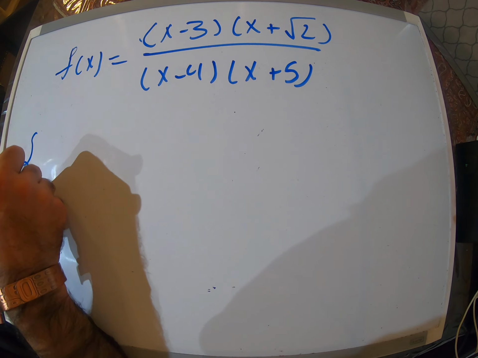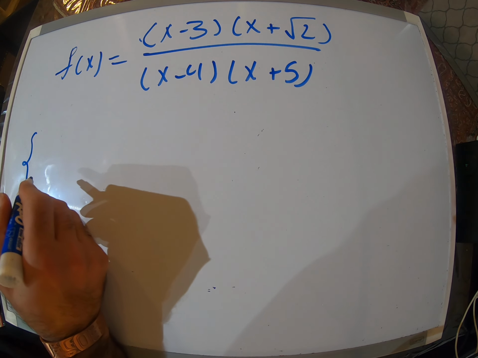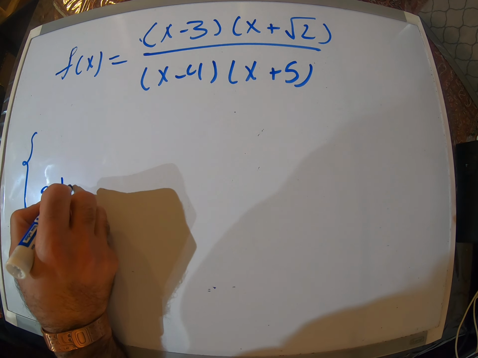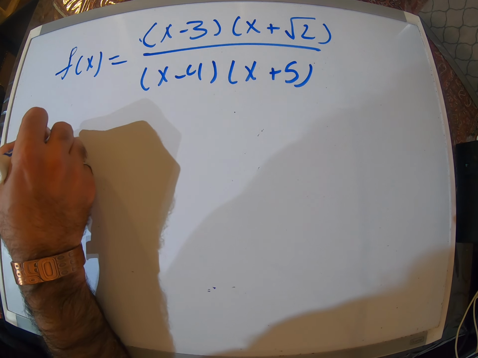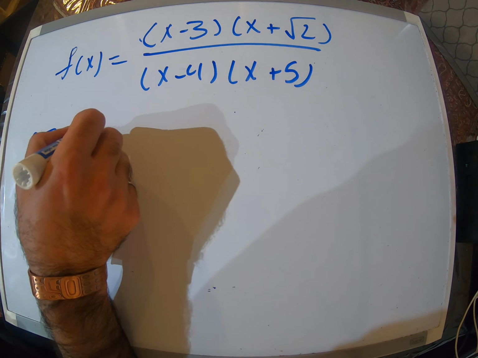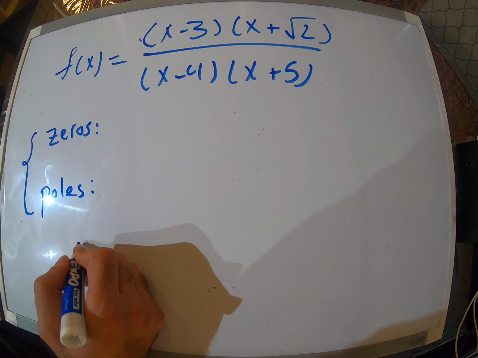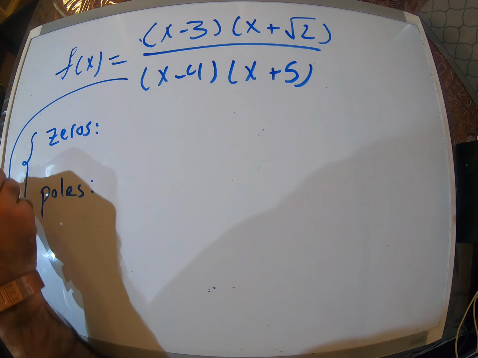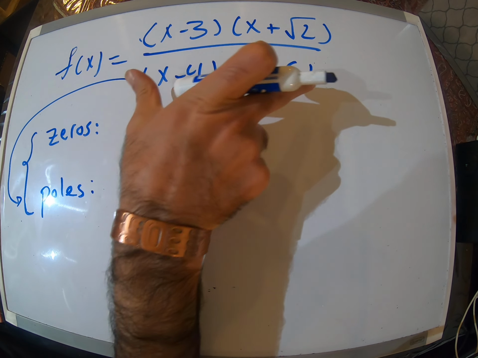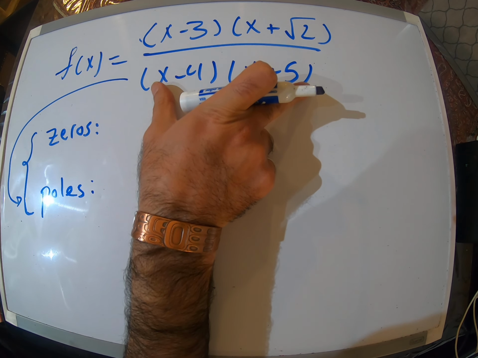We have this concept in control theory and in math: poles and zeros. For a function, poles are the values of the variable that make the denominator equal to 0.